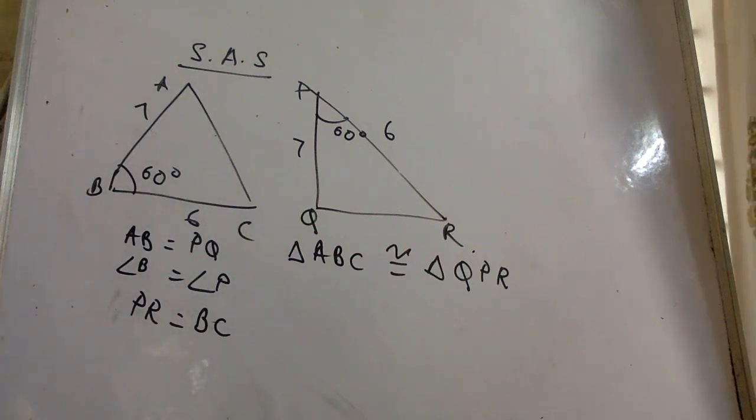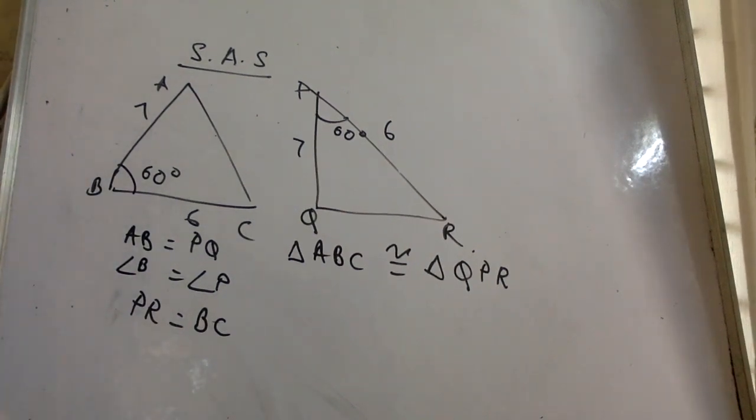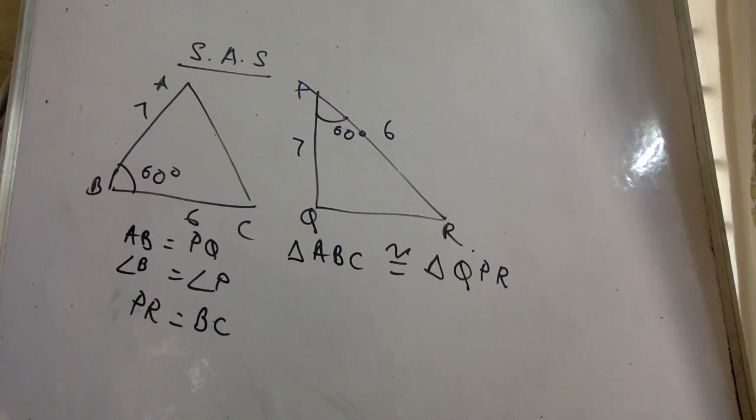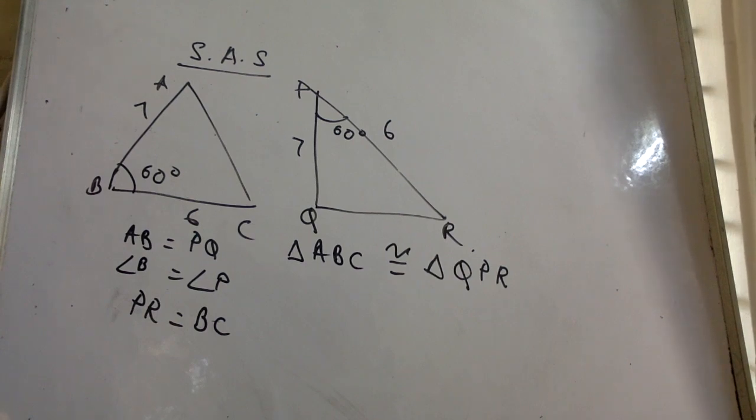So this is how you test two triangles: if you see that the two sides are equal and the in between angle is equal, then you are going to use this postulate of side angle side.